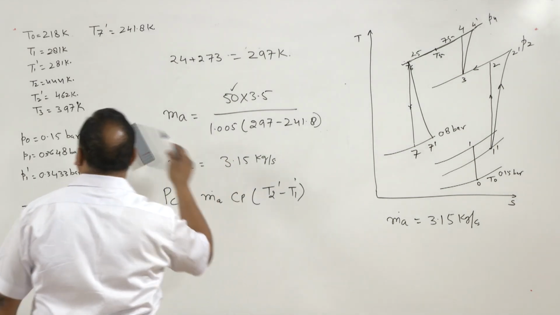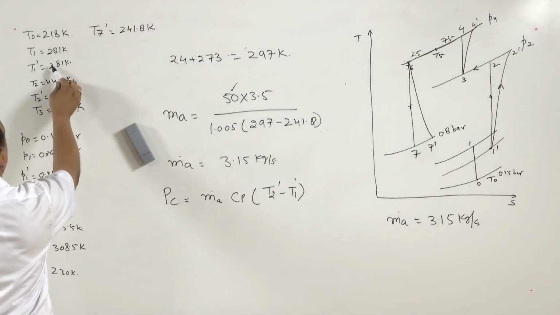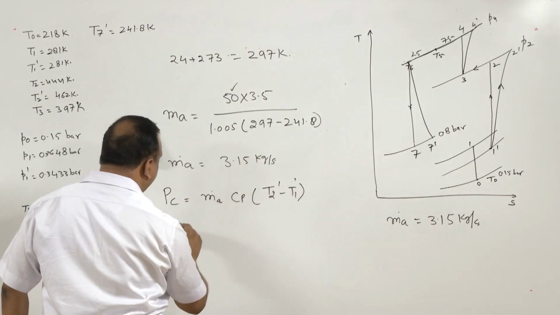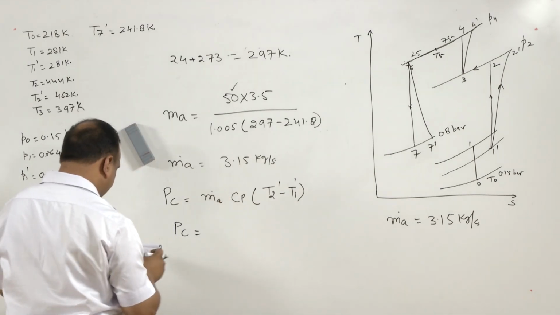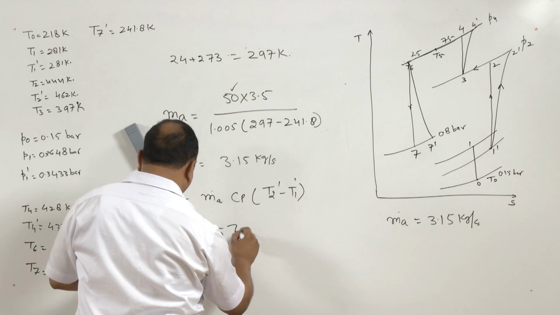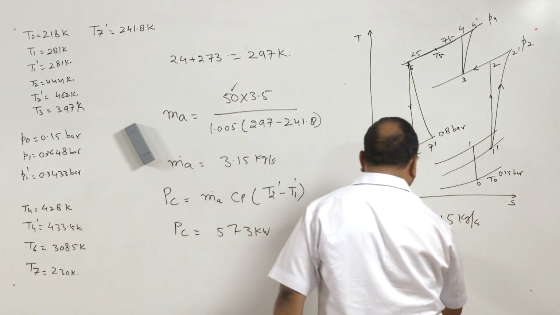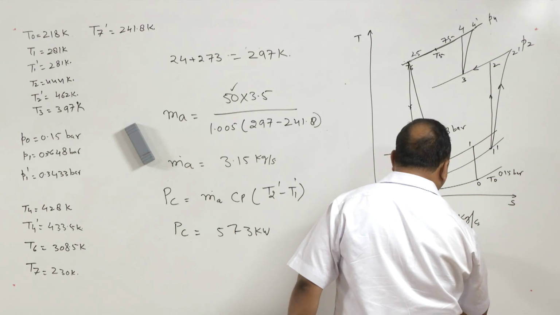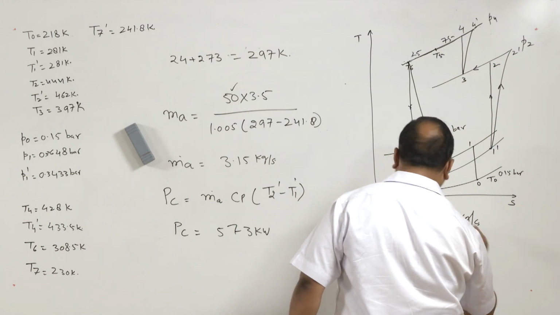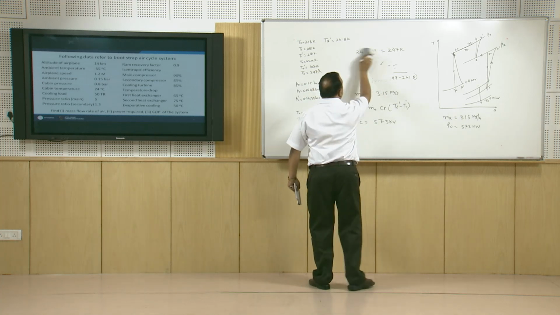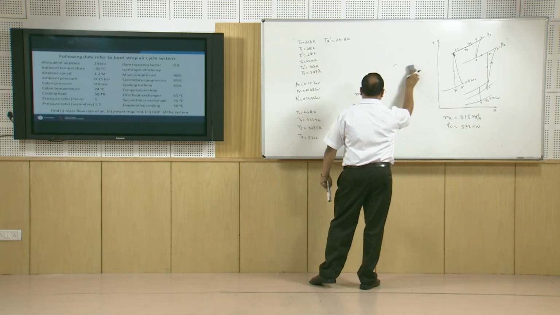And T2 dash and T1 dash can be taken from here, and the Cp value is known to us, m_a is known to us. This gives the power of the compressor as 573 kilowatt. So, power consumed by the compressor is 573 kilowatt.